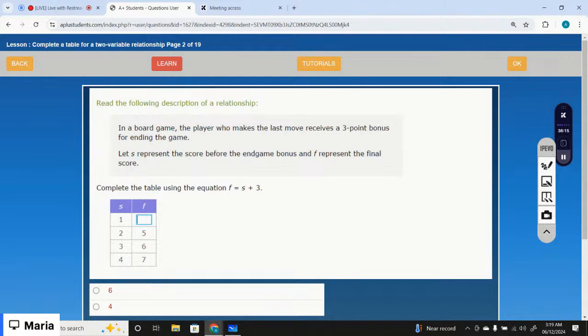Complete the table using the equation F equals S plus 3. So which is the correct option?